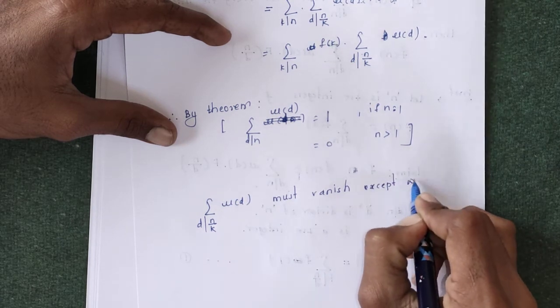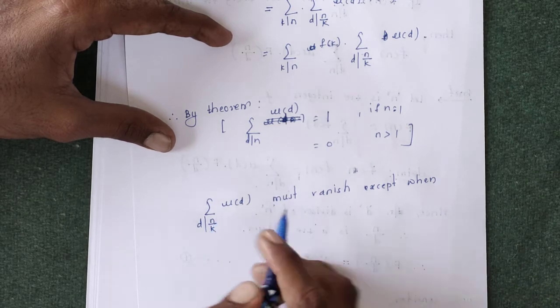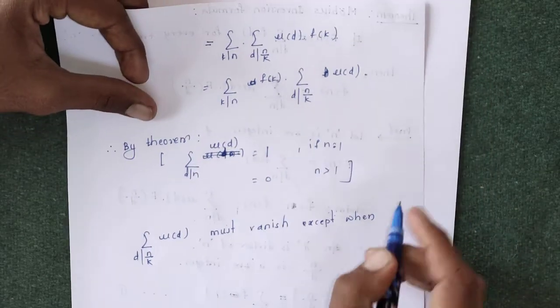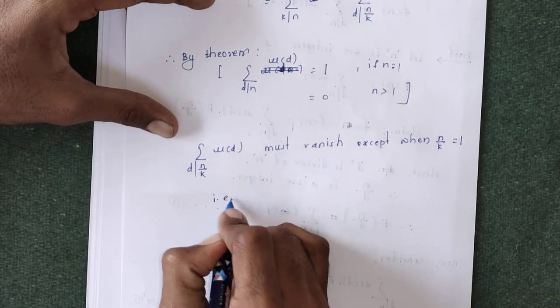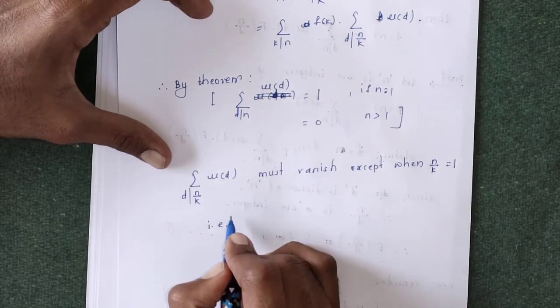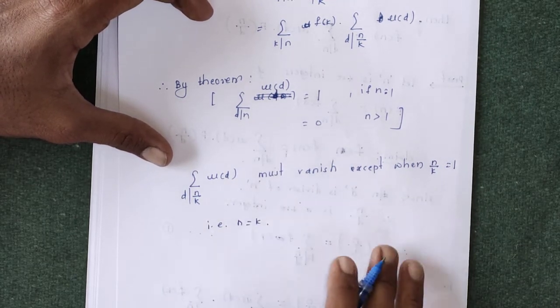only when this n by k is equal to 1. This summation is non-zero whenever n by k is equal to 1, that is, n is equal to k.